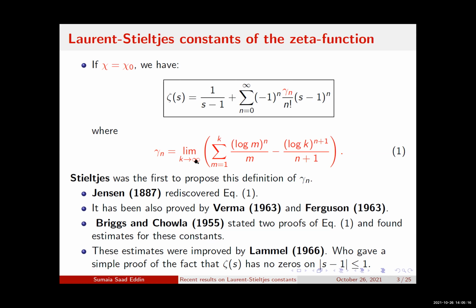After his definition, many mathematicians were interested in giving new proofs of this formula, found estimates for this constant, and, maybe more interestingly, studied the zero-free region of the zeta function in the critical strip.